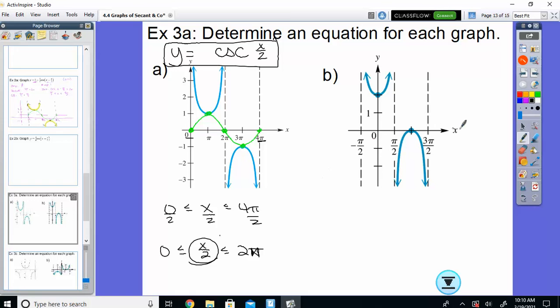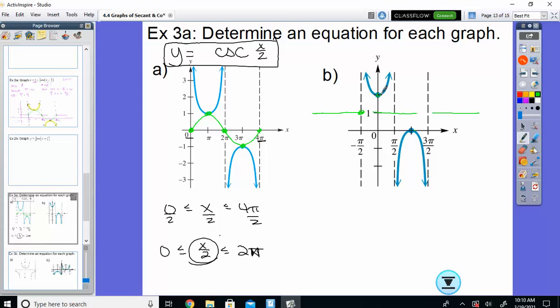Okay, second one. So I would be at 0 here, except, am I? What happened to this graph? It moved up 1. It's centered right here. So I know already this graph went up 1.